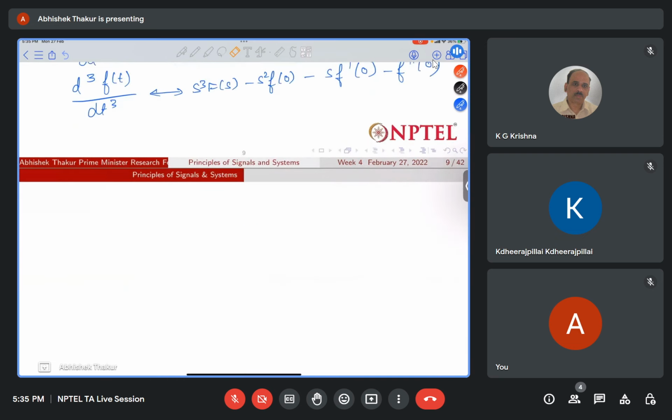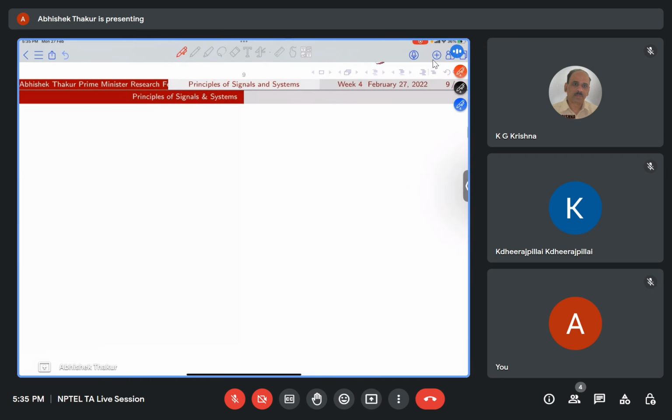So using this, we can also find the initial value and final value. There are two theorems, the first is the initial value theorem. This is a complete summary of the Laplace transform. Using these formulas, you can solve any GATE problems. In the initial value theorem, if we have to find f naught, that is f(0), it is given as the limit of s tends to infinity of s into F(s).